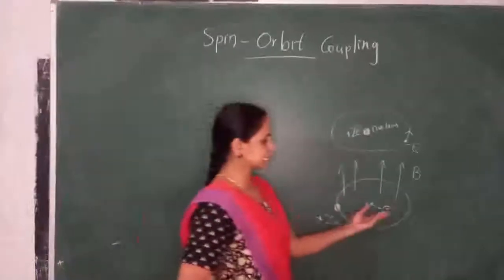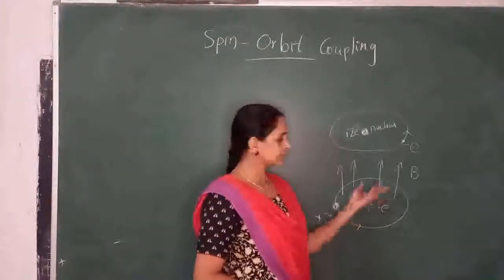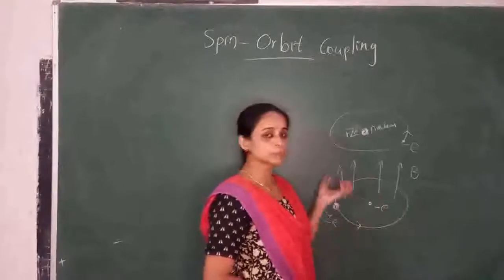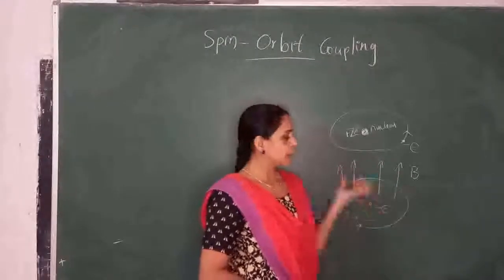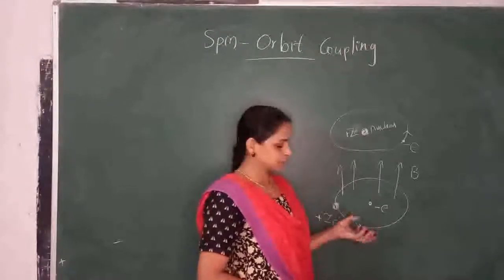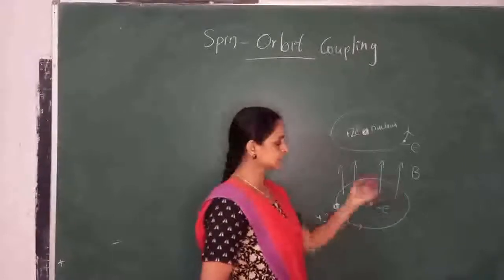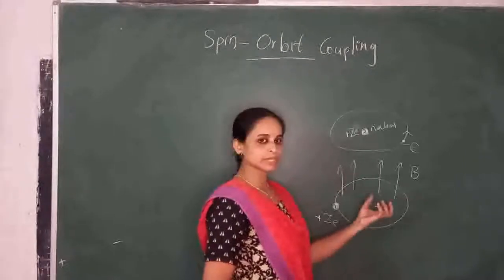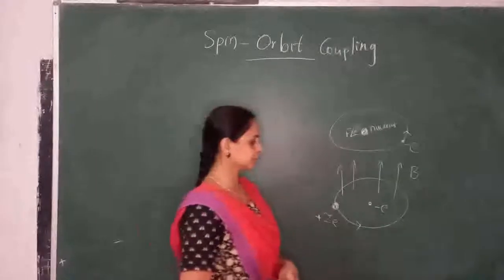So this electron is in a magnetic field that is produced by the revolution of the charged particle, here the nucleus.